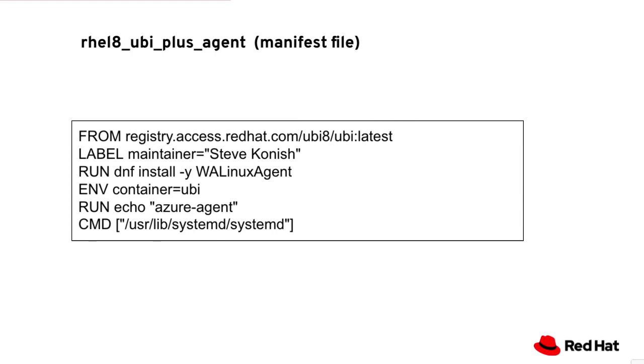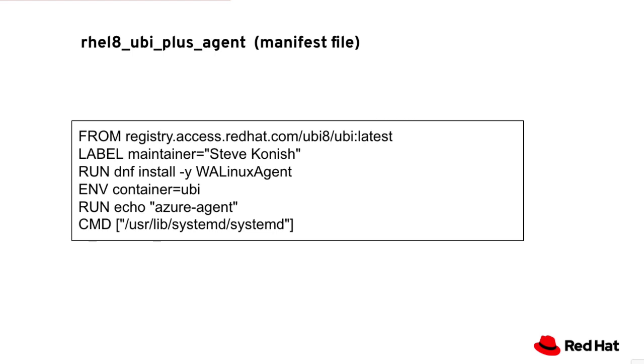In this example, I'm using the WA Linux agent, which is sort of like an Azure agent. I'm not sure if it makes sense to actually use this agent on this cluster, but for this example, you could think of it like a pre-built RPM. So if you've got another agent that's in an RPM format, you can just install it into the container and you're off and running.